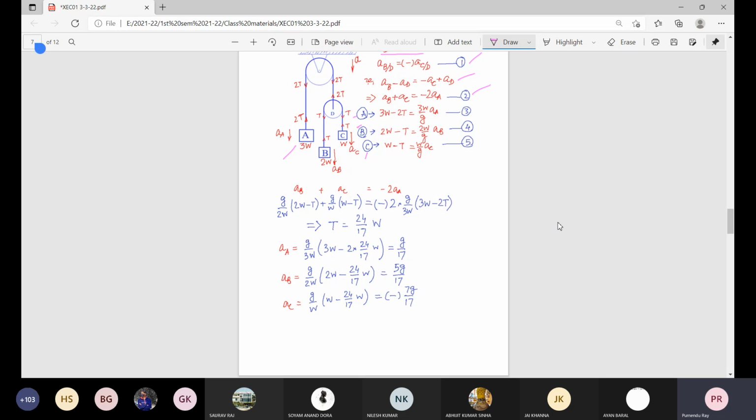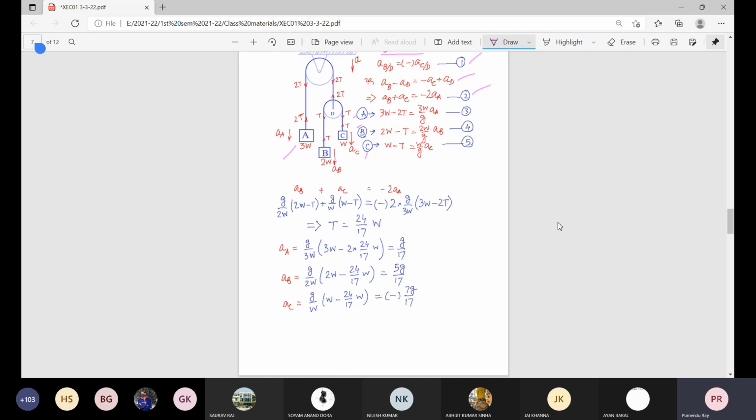So from equation number 4, we get G divided by twice W, multiplied by twice W minus T, and so on.